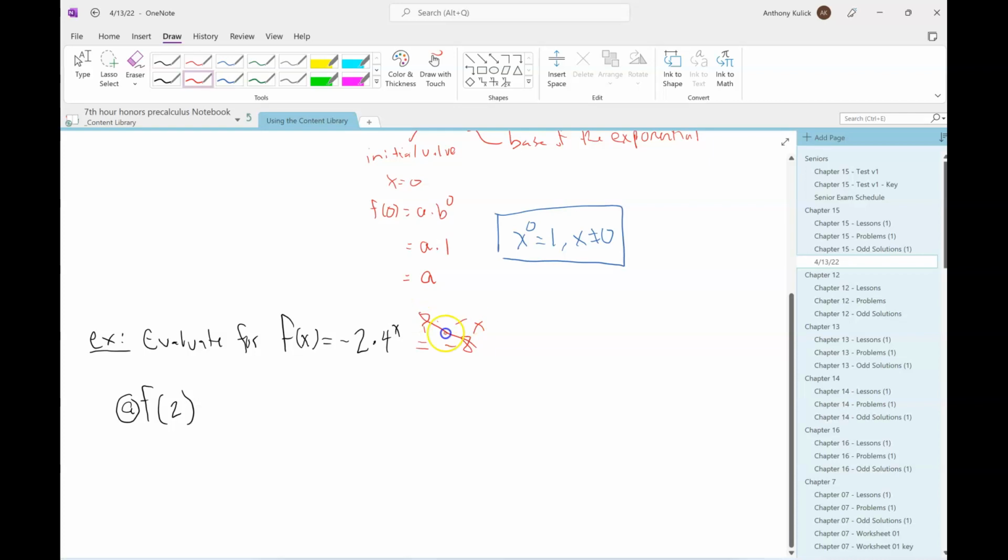No way, Jose. Why not? Well, if you remember, there are 2 ways that we can multiply numbers together. If the bases are the same, we can multiply them by keeping the base the same and adding the exponents. Or if the exponent is the same, we can multiply the bases and keep the exponent the same.